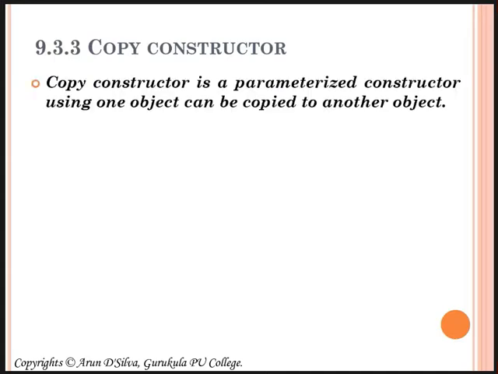First let me keep in front of you the definition of copy constructor. A copy constructor is a parameterized constructor using which one object can be copied to another object. It is the same as a parameterized constructor in how it works, but what is the difference here?